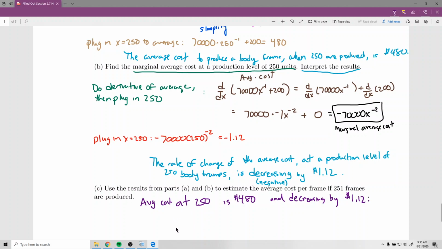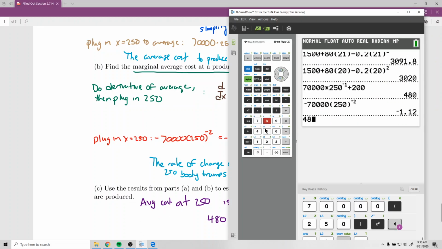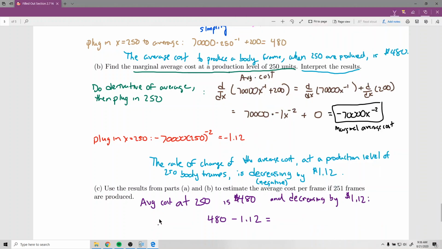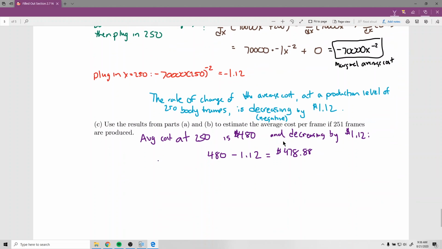So if it's decreasing by $1.12, then all we do is 480 minus 1.12 equals, let's see what it is. Just don't want to mess up the decimal since we've gotten this far. We have $478.88. Okay, and that's really all there is to that.